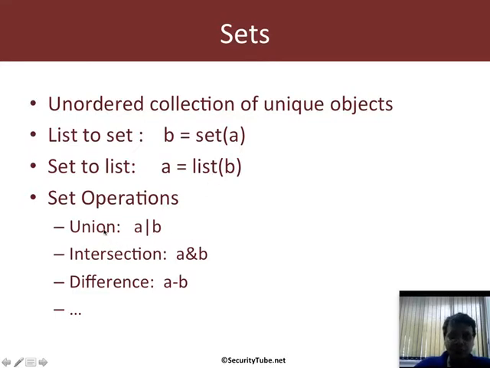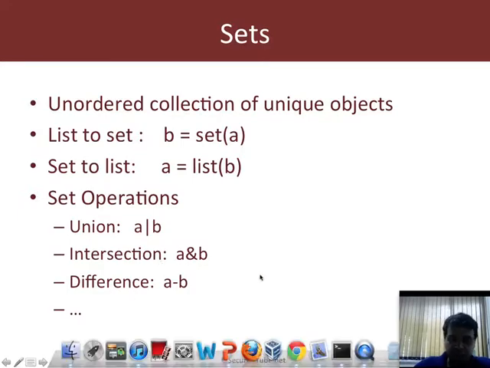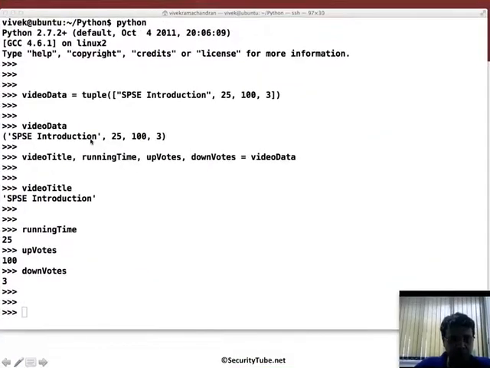And these set operations can be union, intersection, difference, and a couple of others. So let's go here and create a set. Let's call it set A, and this is going to be created using a list which has the items 1, 2, 3, and let's repeat the item 3 again, the item 2 again.